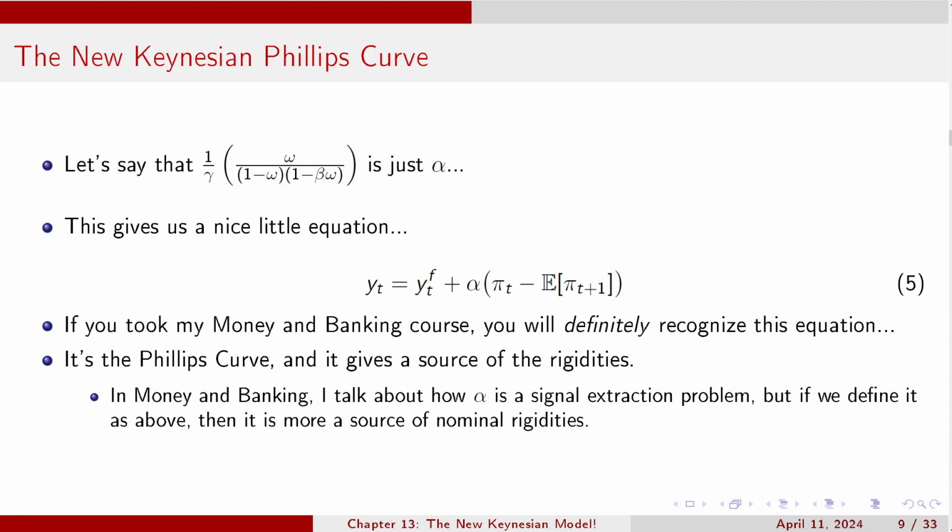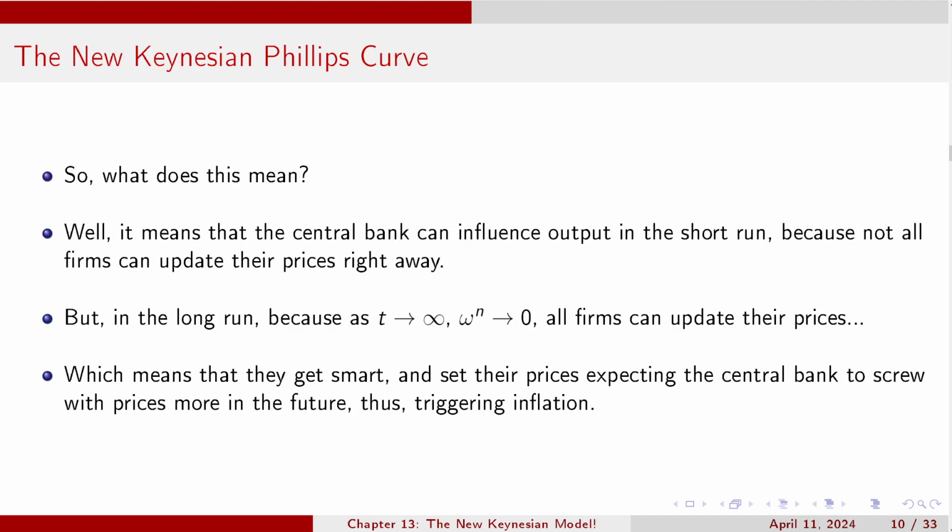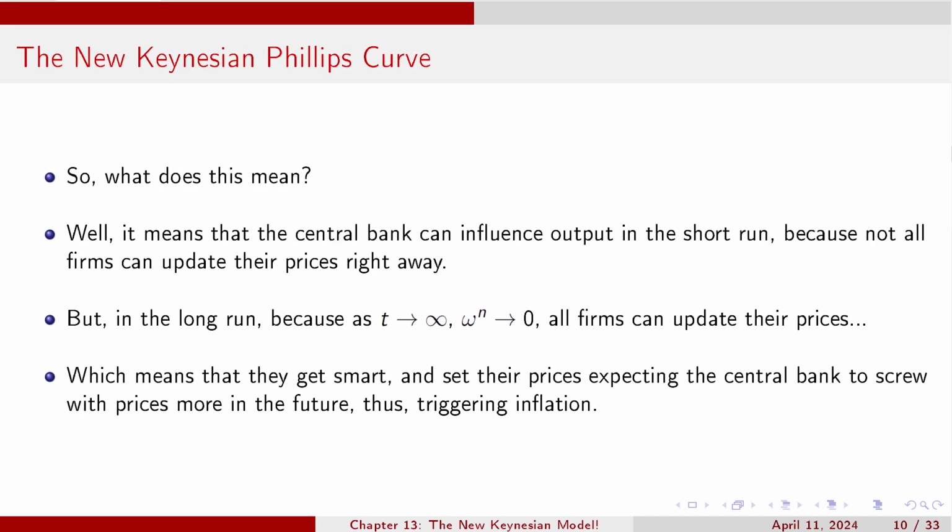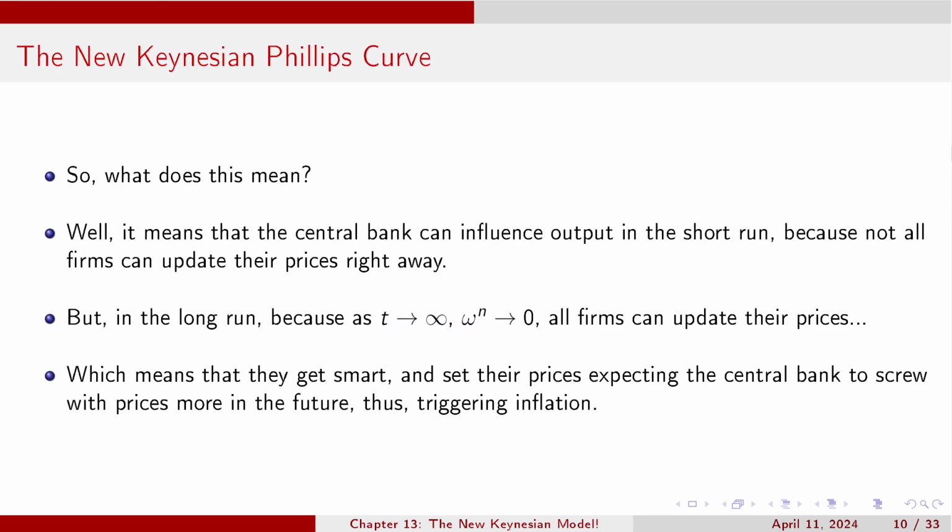So with that omega term greater than 0, you're going to have some firms that can't update their prices each period. And because some firms can't update their prices each period, that's where we end up with that upward sloping aggregate supply curve.